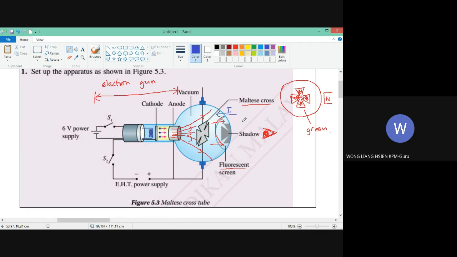So current is not necessarily in the wire, it can be flying in the vacuum, in open space like this. The electron flies out in the vacuum, so there is also current.